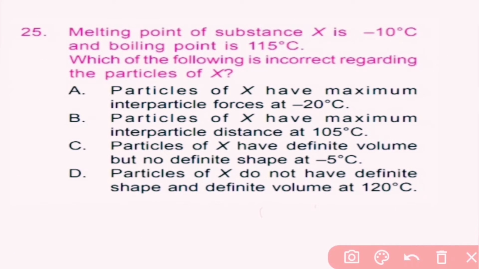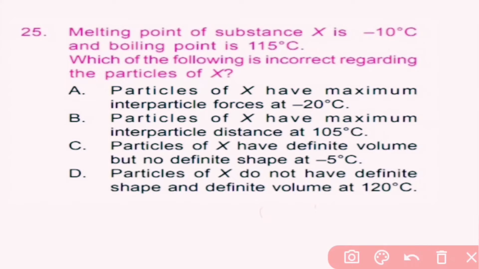Question number 25. The melting point of substance X is minus 10 degrees Celsius and the boiling point is 115 degrees Celsius. Which of the following is incorrect regarding the particles of X? Option A, particles of X have maximum interparticle force at minus 20 degrees Celsius.